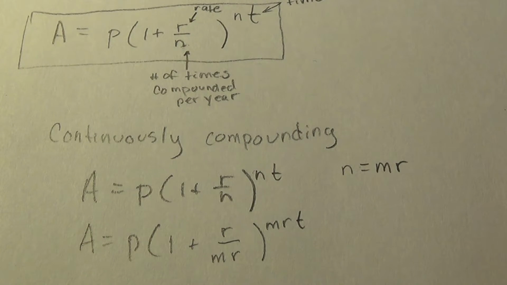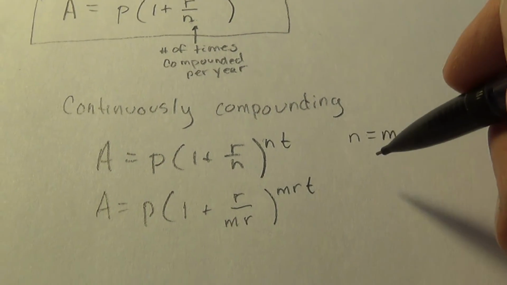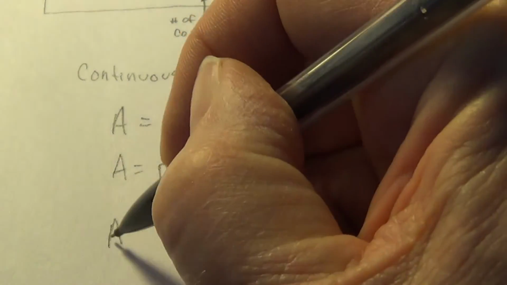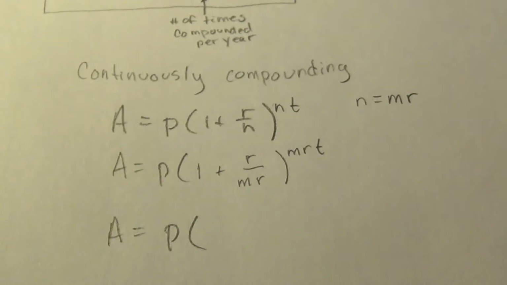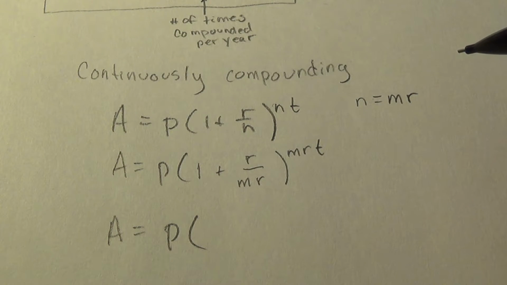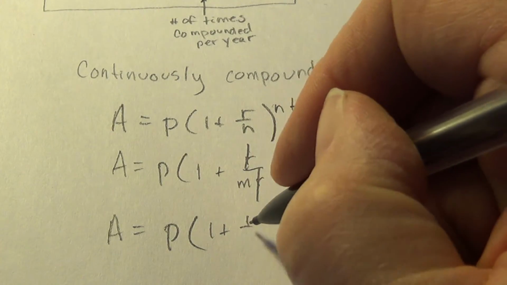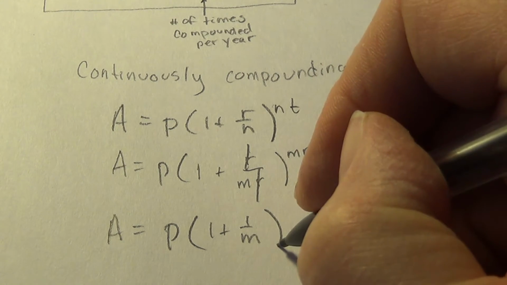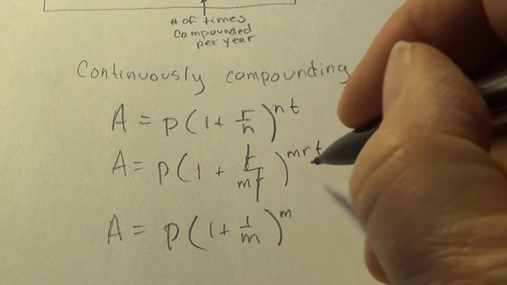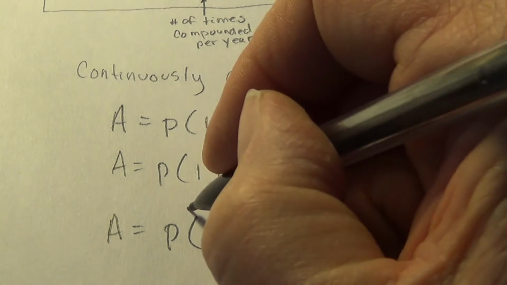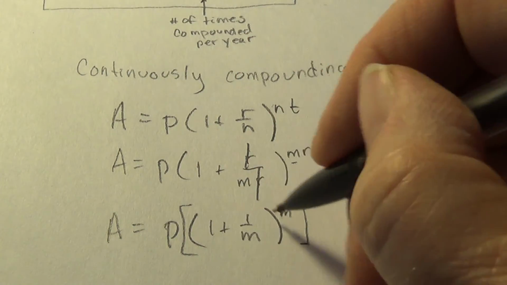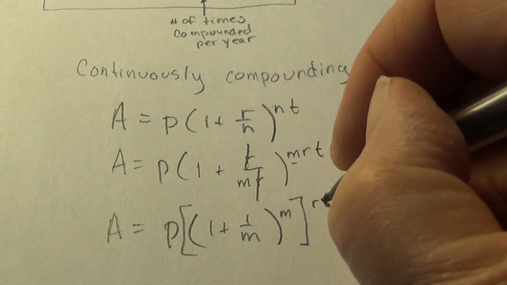The reason I did that is because this expression can be rearranged so that we have 1 plus, the r's will cancel, and I have 1 plus 1 over m raised to the m. I'm going to group the m part of that exponent with this expression to the rt.